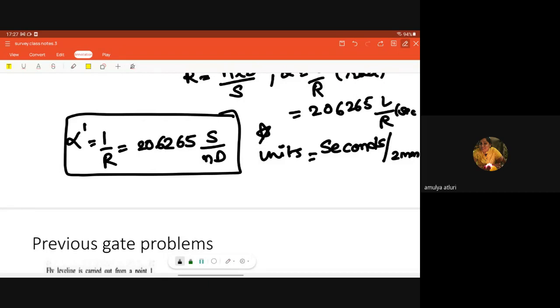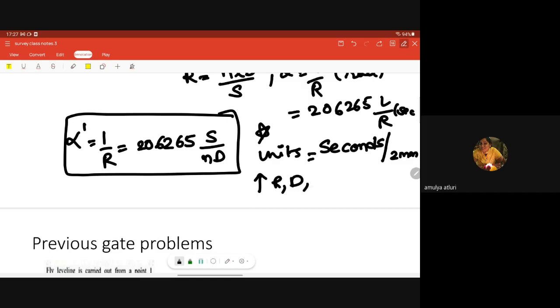Sensitivity depends on increasing the radius, diameter and length of the level tube and decreasing the roughness and viscosity of the material used in the bulb. Okay.